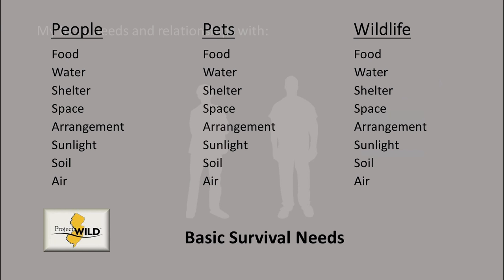This is a chart that was created for Project WILD, which is a curriculum supplement that DEP sponsors. You can do this activity in your classroom by just having your kids divide up in groups. This lesson in Project WILD is called Beautiful Basics. And if you divide the class into 3 groups, you have 1 group for people, 1 group for pets, and 1 group for wildlife.